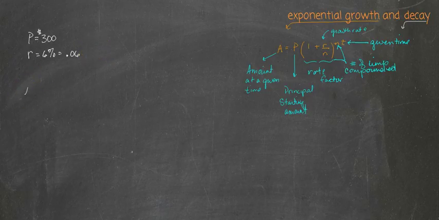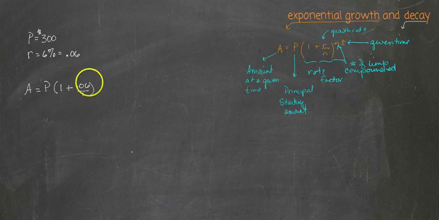Well, her amount, or balance, would be whatever her principal amount was times 1 plus 0.06 divided by, well, how many times was it compounded in that 20 years? It was only compounded one time, right? Because we're just doing pure interest rate.